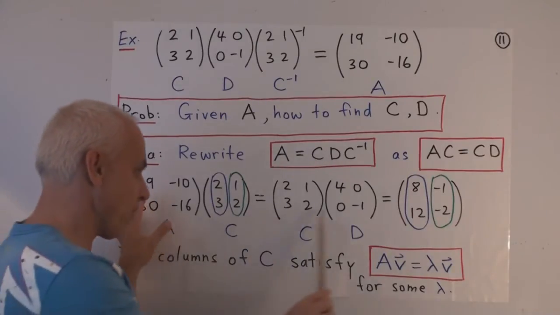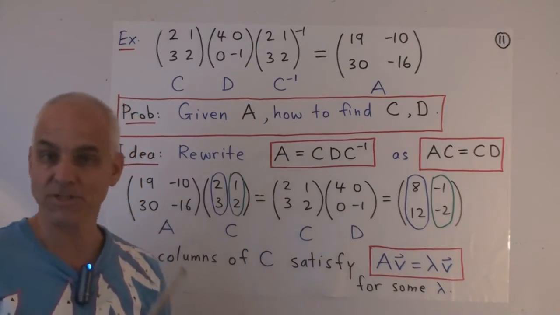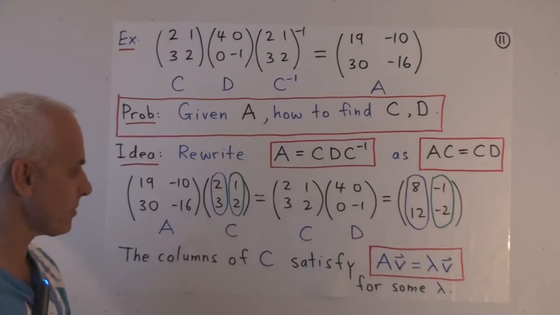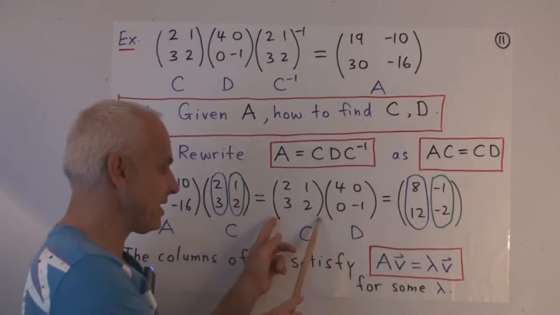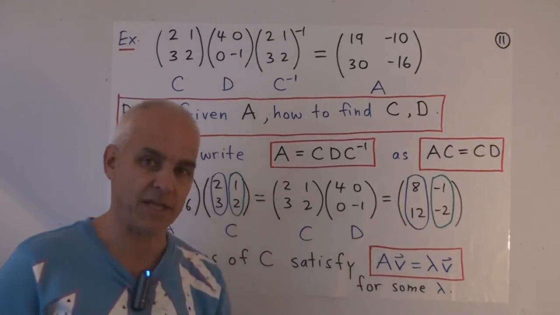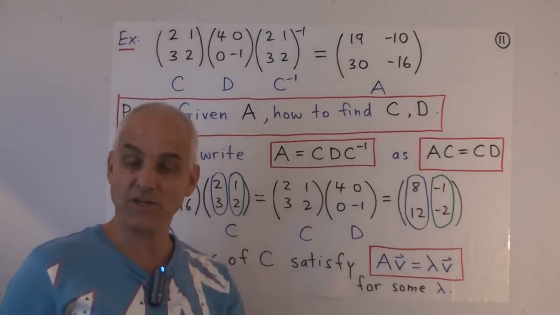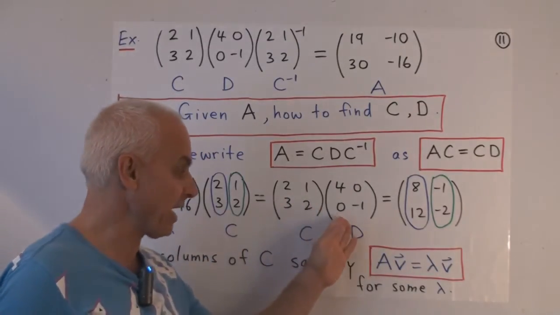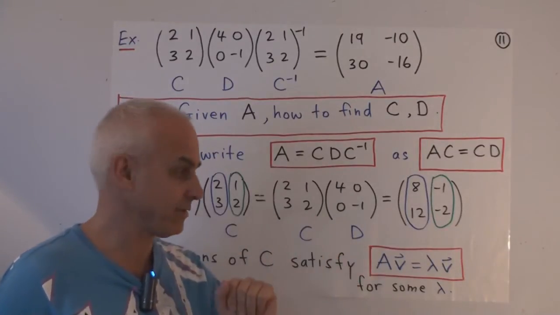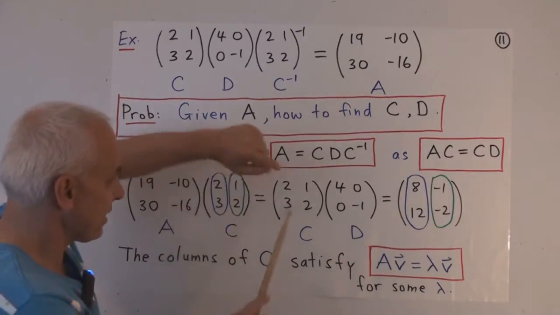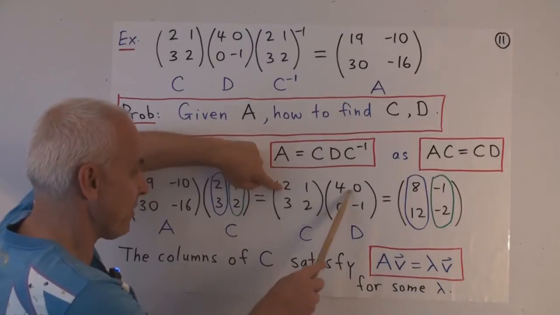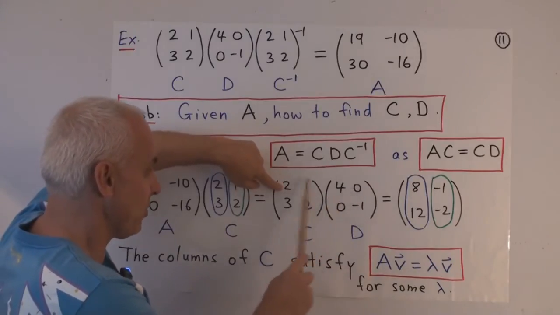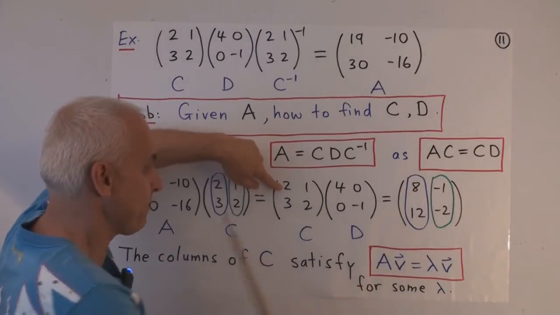So let's have a look at what happens when we look at both sides of this equation. When we multiply C by this diagonal matrix D, we get the situation that we've talked about before, multiplying a matrix by a diagonal matrix on the right. And what happens is that the first column gets multiplied by the first diagonal entry, so it becomes 8, 12.